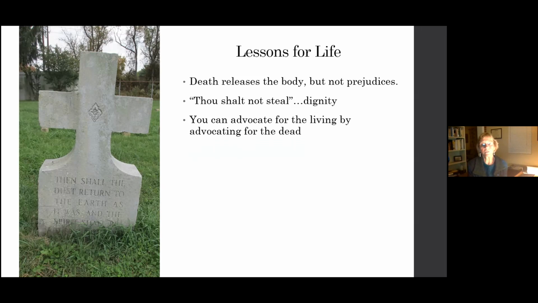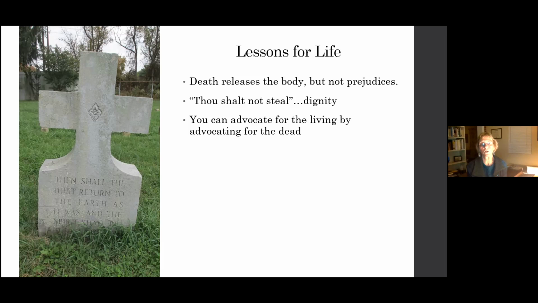Another thing may sound counterintuitive, but you can advocate for the living by advocating for the dead. Really, advocating to restore the spiral cemetery was a great way of advocating for the dignity of people living with mental illness.